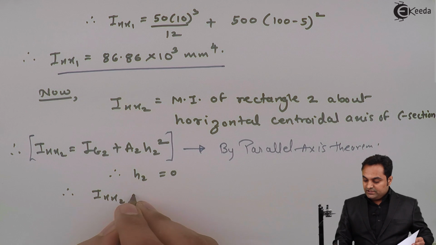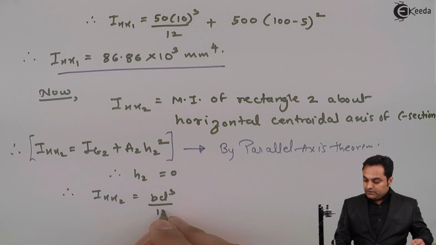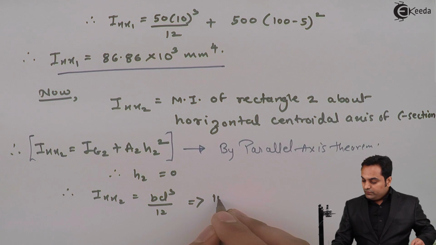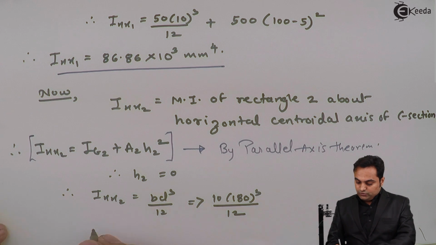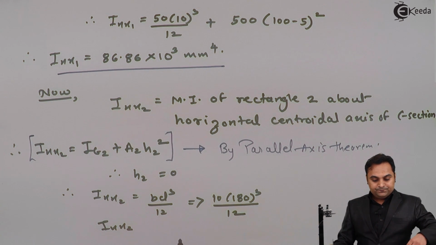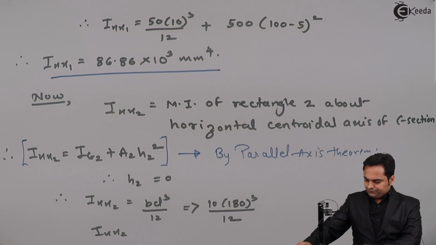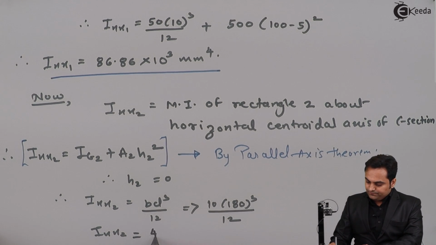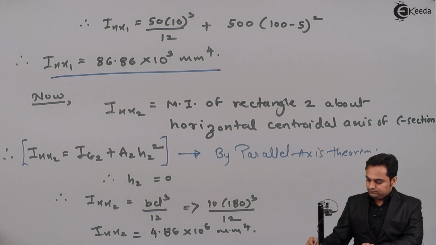So Ixx2 is just Ig2, which is BD cube by 12, and here B is 10 and D is 180, so 10 into 180 cube by 12. The answer is 4.86 into 10 raised to 6 mm raised to 4.